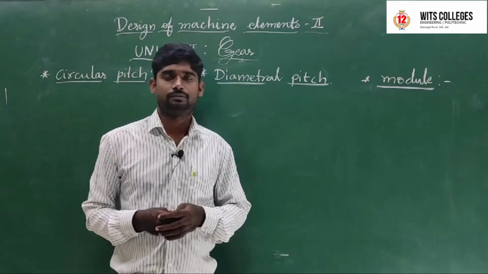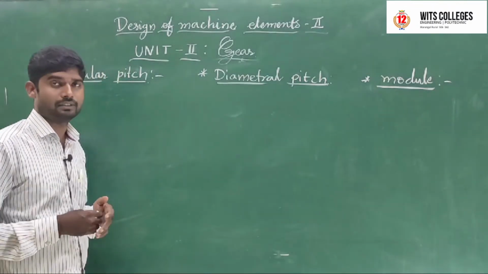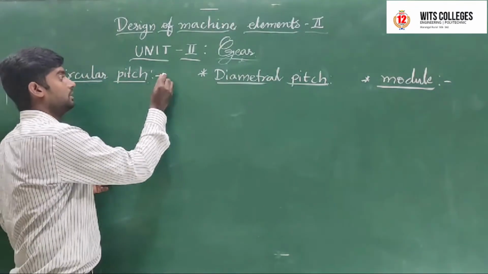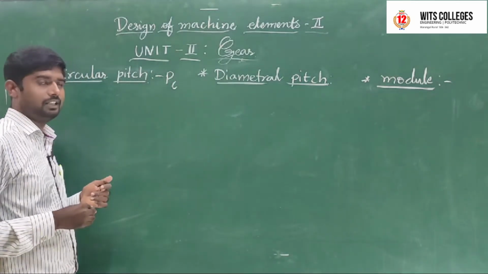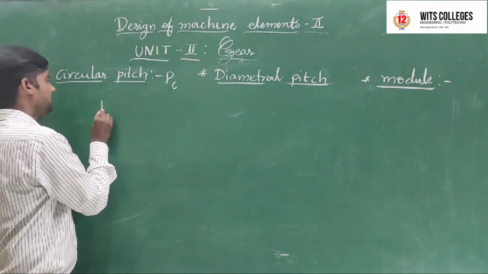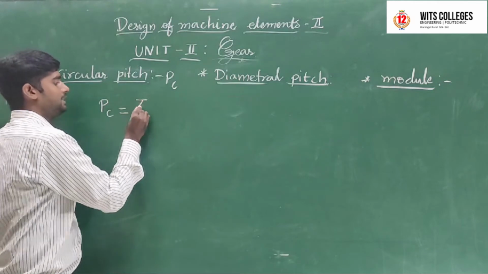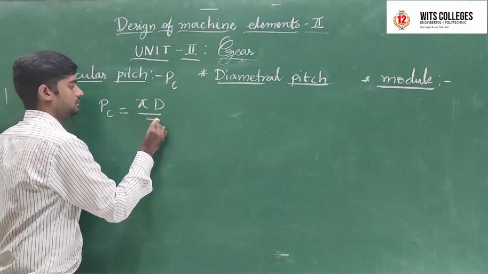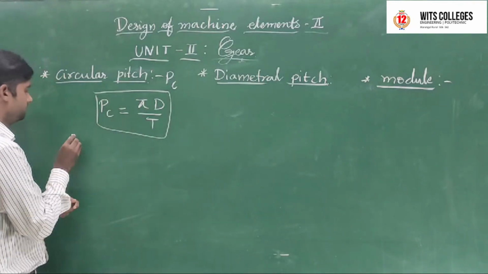Students, see again circular pitch. What is a circular pitch? Circular pitch is denoted by PC, which we already discussed. Circular pitch PC is equal to pi D by T. In this one, what is D?